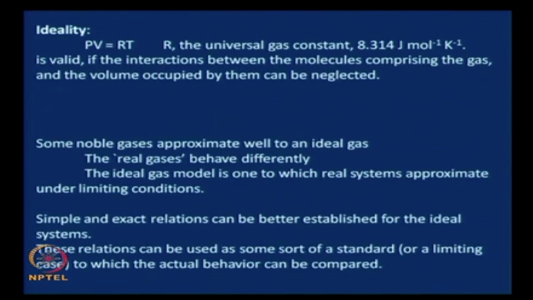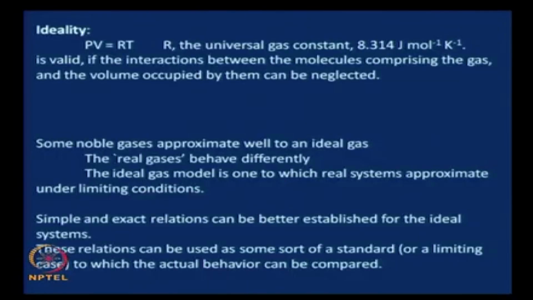Some noble gases actually approximate very well to an ideal gas. In other words, some noble gases follow this PV equals RT equation very well, the combination between pressure, specific volume and temperature, whereas the real gases behave differently, and the ideal gas model, which is PV equals RT, is the one to which the real systems approximate under certain limiting conditions.